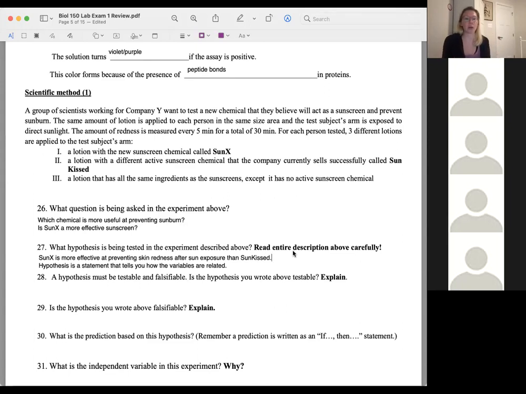So that's where you want to bring in some of this information of, okay, what are we measuring here? How are we going to determine which one is better? And it's because we're looking at the redness of the skin. So Sun X is better, it's more effective. And what is it actually better at? What is it more effective at? And it's all about that skin redness after sun exposure.